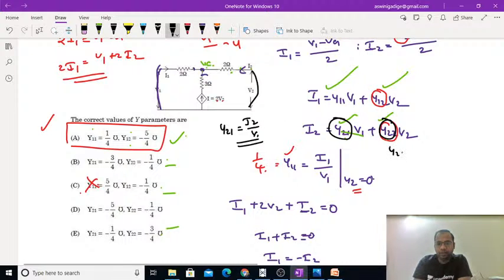And to find out the Y22, you have to short circuit the V1, and Y22 is equal to I2 by V2. Just try to calculate the Y21 as well as the Y22, and out of all these four options, which one will be the correct one? You can decide based upon both these calculations.